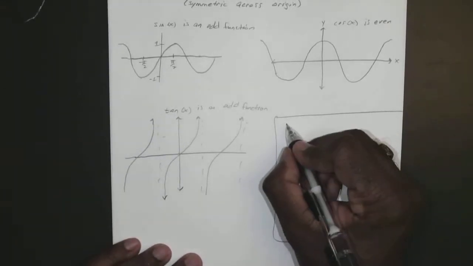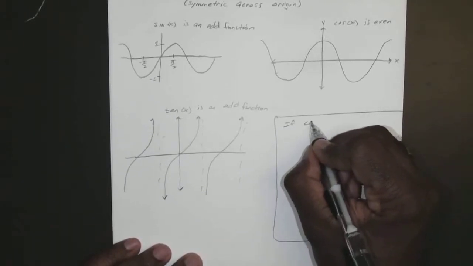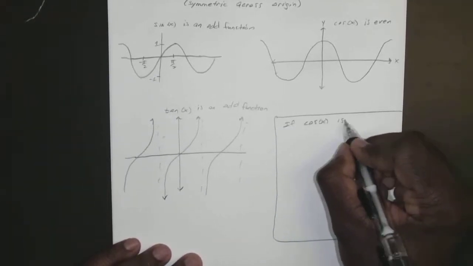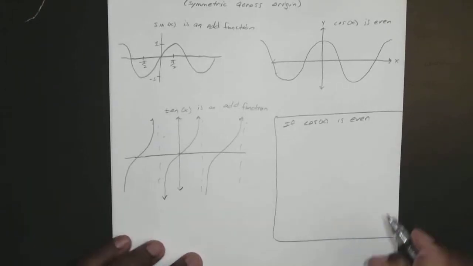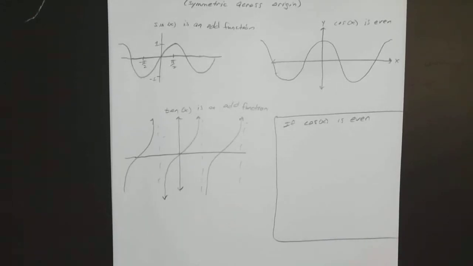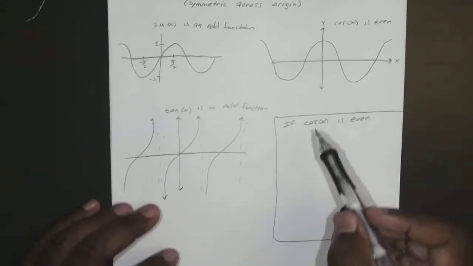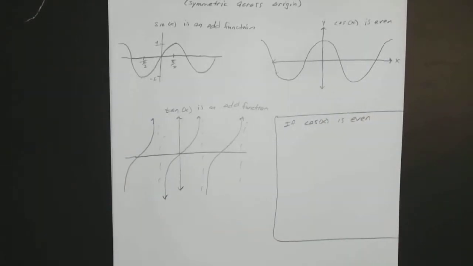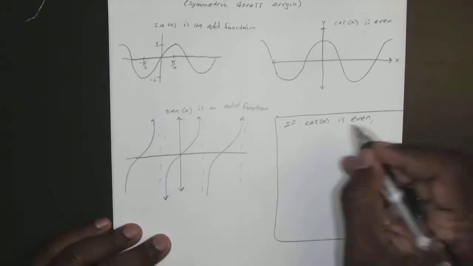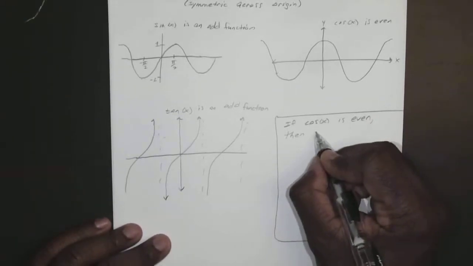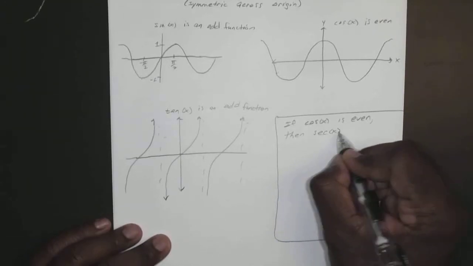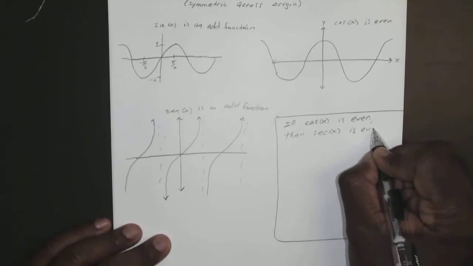So here, if cosine is even, then that means if you flipped it, it would be even too. Because if you flip this, it would be the exact same thing, just flipped. It would still be symmetric with respect to the y-axis. So if cosine of x is even, then secant of x is even.